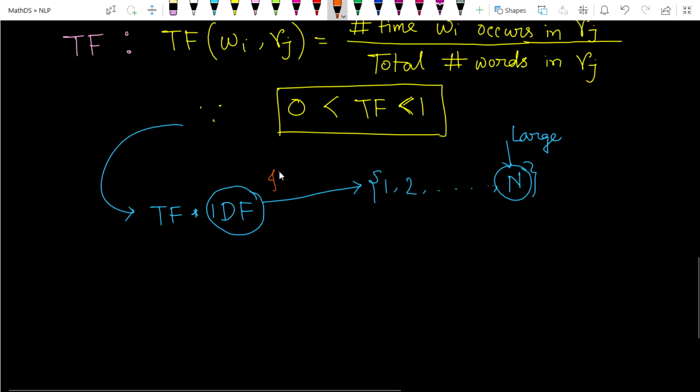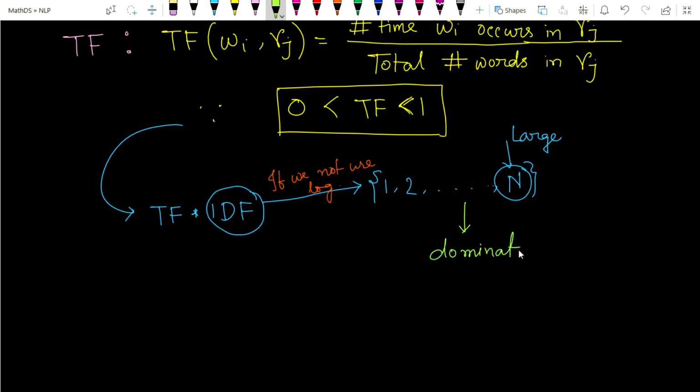If we do not use the logarithm, then this large number dominates the TF value.